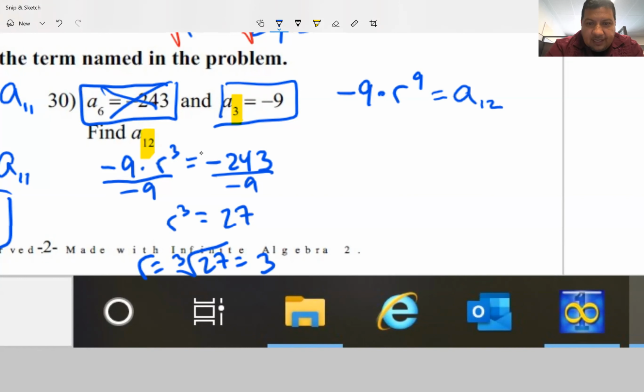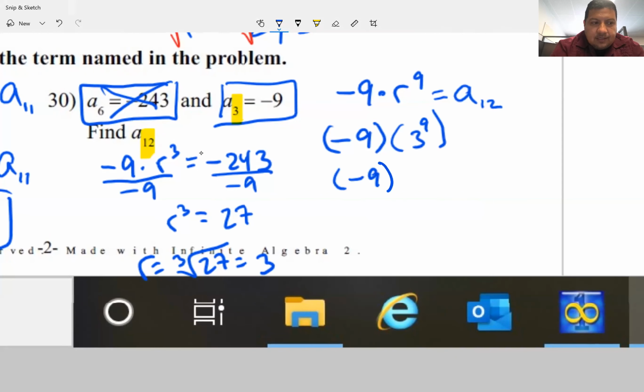So I have -9. I had to multiply this times 3 to the 9th. So let me find out what the exponent is first. What's 3 to the 9th? Now 3 to the 9th happens to be 19,683. So I have -9 times 19,683.